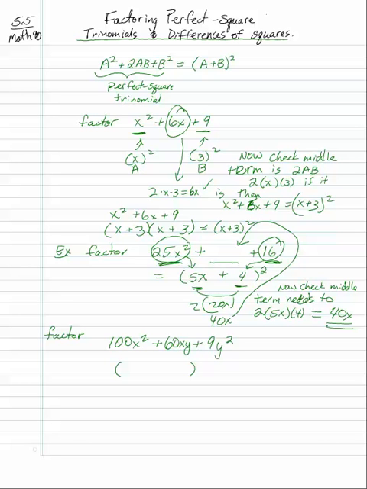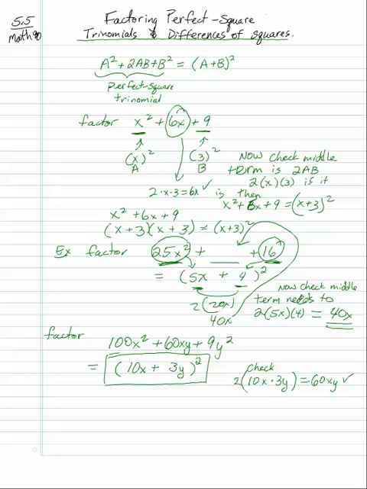So we take the square root of the first term, 10x, and the square root of the last term, 3y, and check to see that 10x times 3y times 2 equals the middle term. That's 60xy. Check, then you're done. If not, you cross it out or erase it and do the Ridge method. So that's a great method to know. It saves you a lot of time for perfect squares if the first term's not a 1.